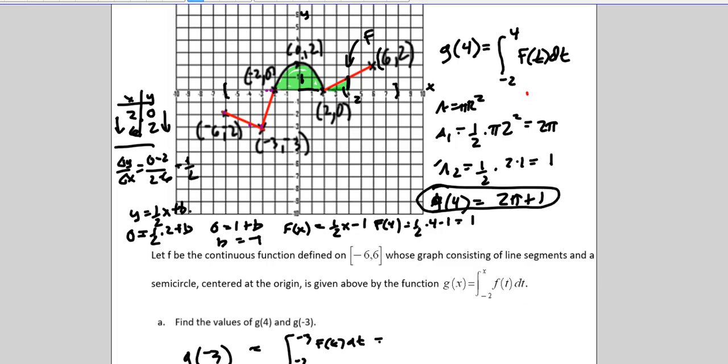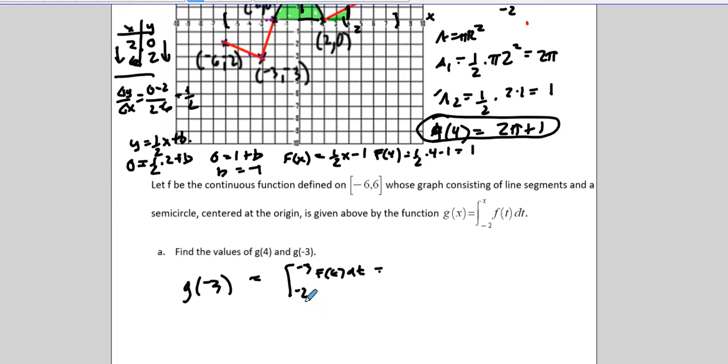I like to do my integrals where the smaller number is the lower limit and the upper limit is larger than the lower limit. So I'm going to take the negative of, swapping these, the integral from negative 3 to negative 2 of f of t dt.